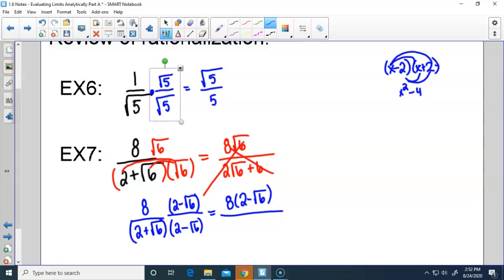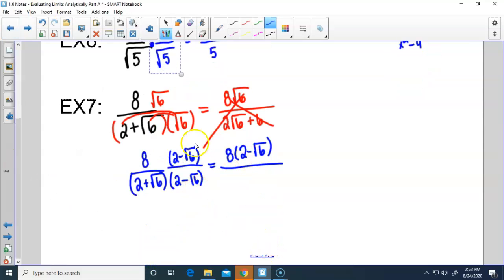I could distribute that if I want, but I'm not going to. And in the denominator, I would have to FOIL or distribute here, so you get 4, and then you get plus 2 square root of 6, and that one would be minus 2 square root of 6, plus 2 square root of 6, and then minus the square root of 6 times the square root of 6, which is just 6.